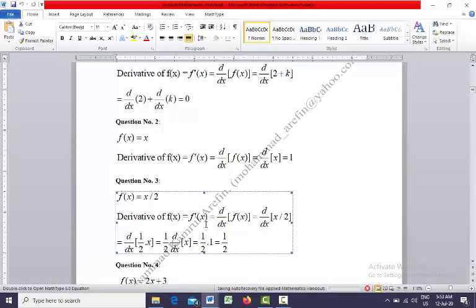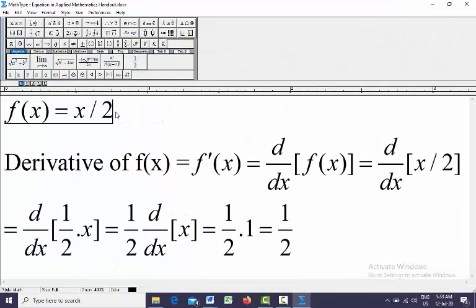Let us solve question number 3 then. What we have here is x by 2. The function is x by 2.